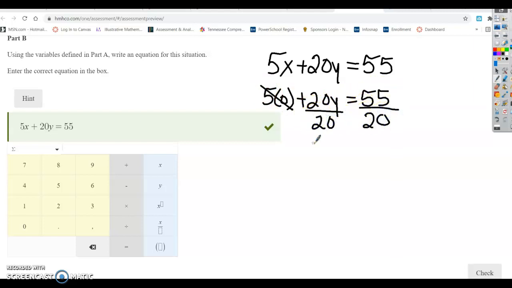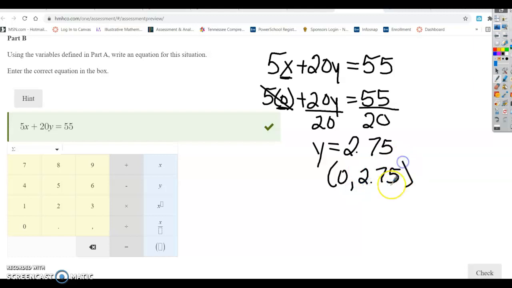If we divide 55 by 20, our y equals, what, 2.5? 2.75. So we let x be 0, and our y is 2.75. That's one intercept. Let's find the other one. It's done the exact same way, except this time we let y equal 0.